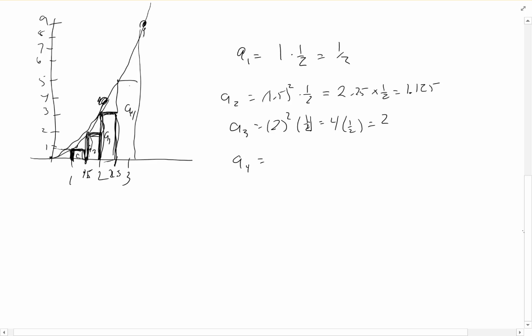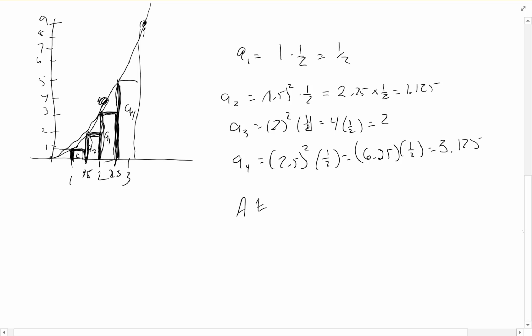And area 4, I'm going to get my height here from 2.5 squared. The width is still 1/2. So 2.5 times 2.5 is 6.25 multiplied by 1/2 gives us 3.125.